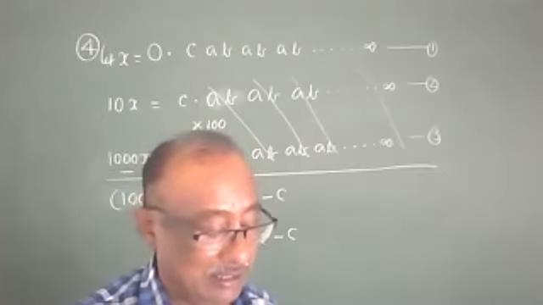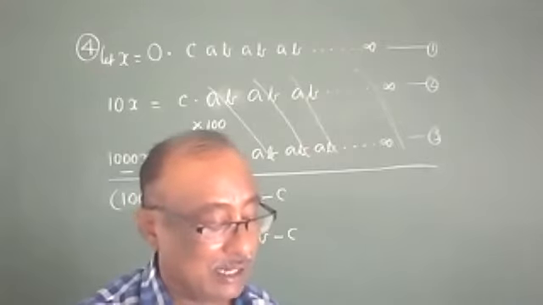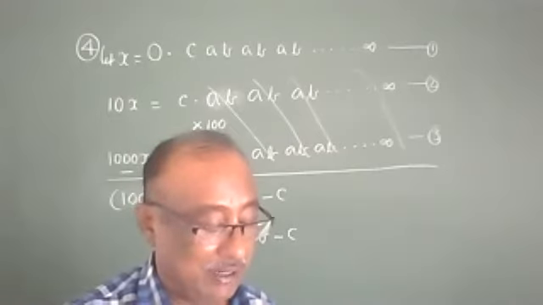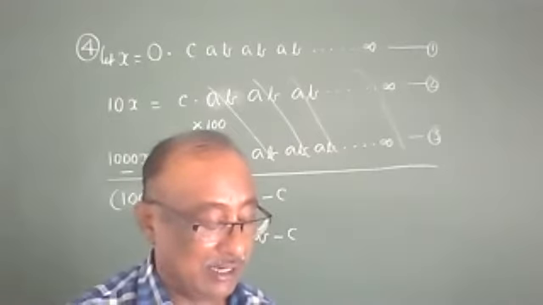So CAB is 100C plus 10A plus B, minus C, and then subtract.